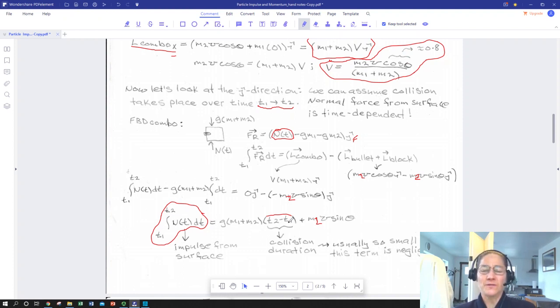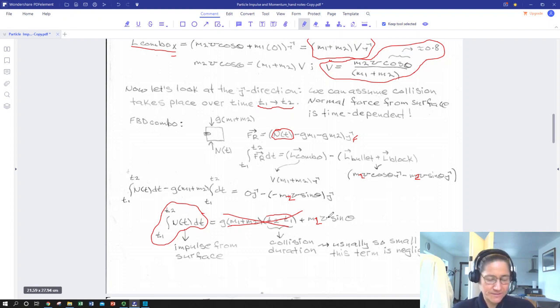And we know from general characteristics of high-speed collisions that the total collision duration is really small. So this whole component tends to be pretty small. And so we can approximate the impulse needed from the normal force of the surface to be pretty much equal to the entire initial linear momentum of the bullet.